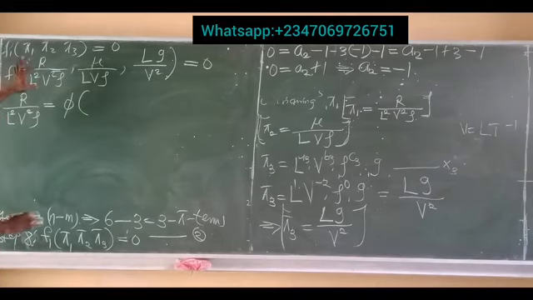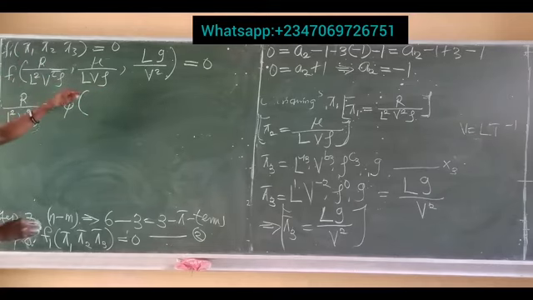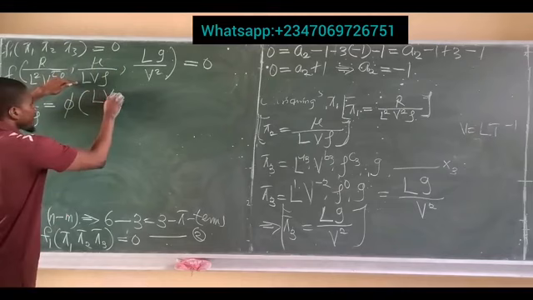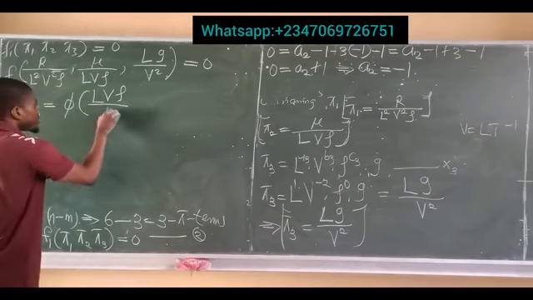Please take note. If you are pulling out R out of the equation, then everything here will rearrange. The denominators here will go up, numerators will come down. So I'm simply going to have L V times rho all over mu.